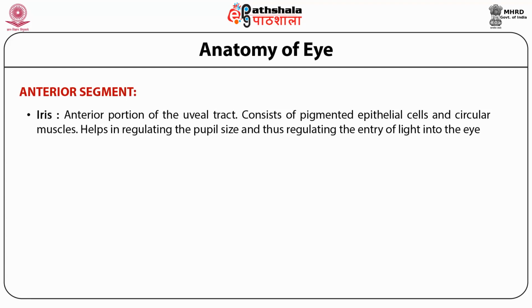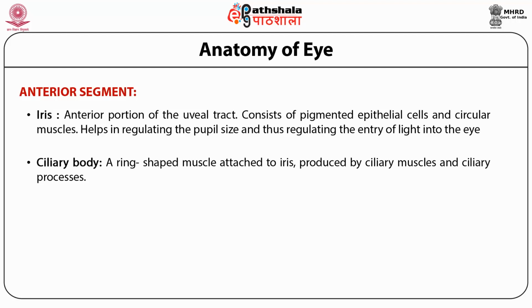The iris is the most anterior portion of the uveal tract and consists of pigmented epithelial cells and circular muscles. The iris sphincter and dilator muscles function to regulate the pupil size, thus regulating the entry of light into the eye. Ciliary body is another important eye structure part.